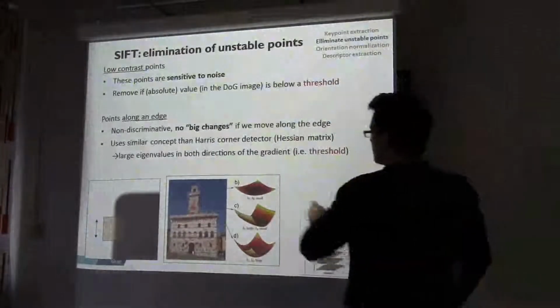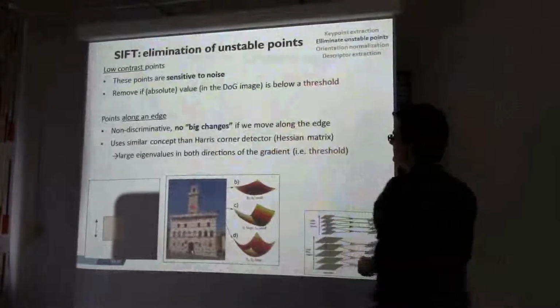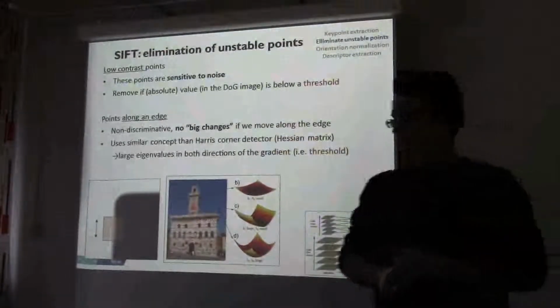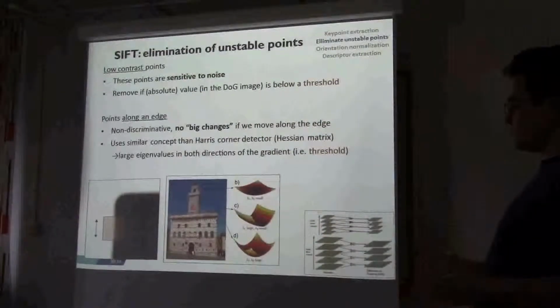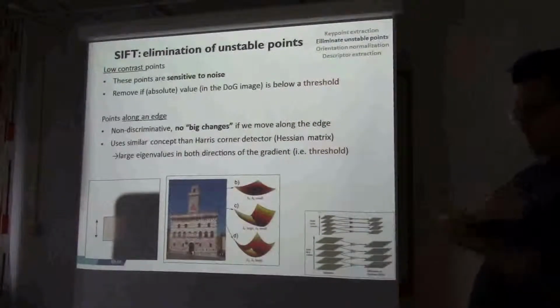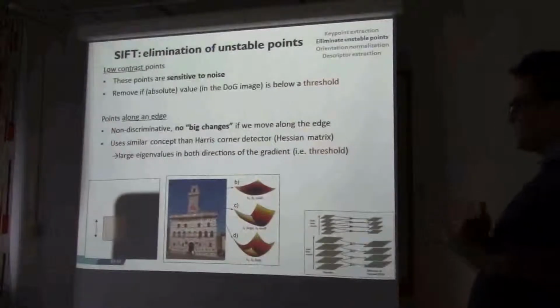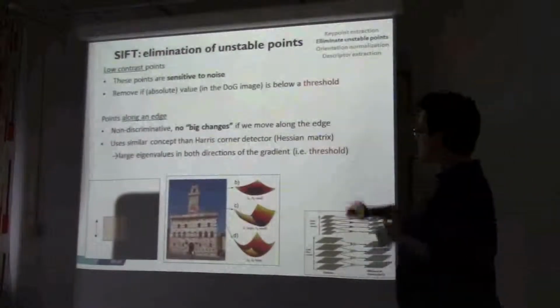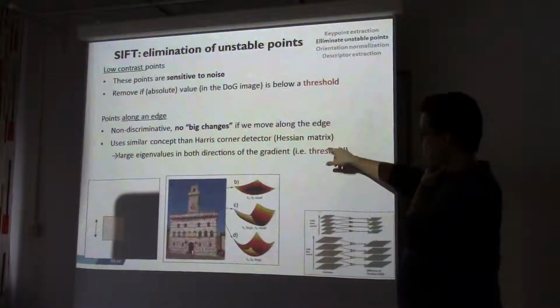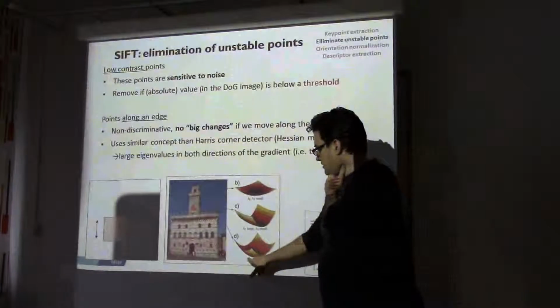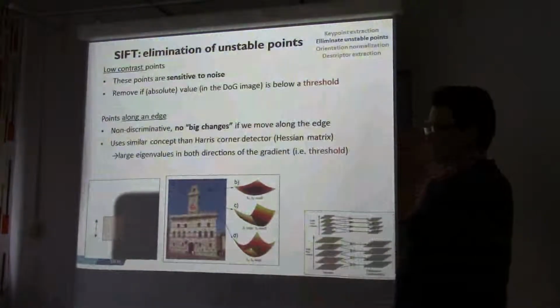And also points that are along an edge, because they are not discriminative. You are using edge images to detect points, but then you don't want points that are exactly on a flat edge. And the concept, as we saw in a previous class, is analyzing the eigenvectors and eigenvalues in the point.